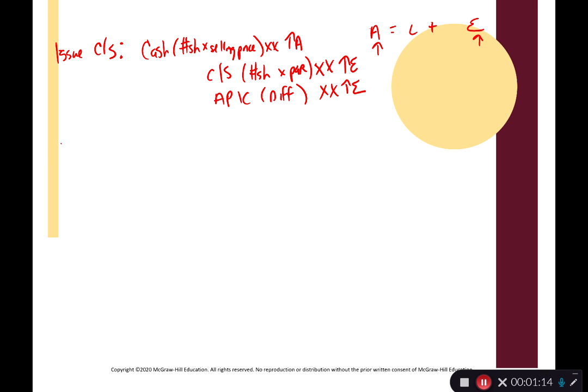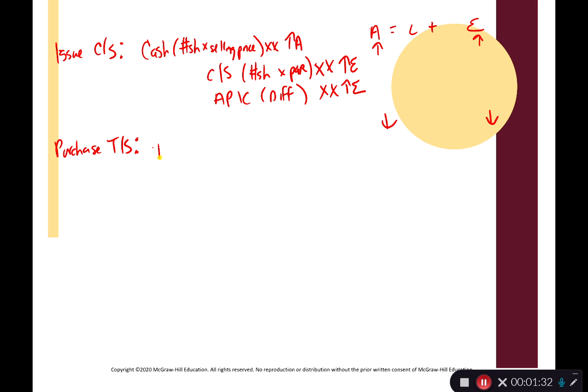In addition to issuing stock, we learned about purchasing treasury stock. So when we purchase treasury stock, it has the opposite effect of issuing stock. Under our accounting equation, assets are going to go down and equity is going to go down.